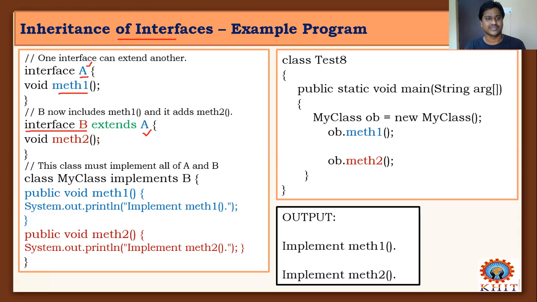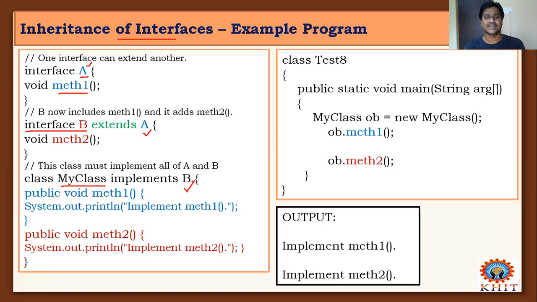So this point is clear. Whereas coming to myClass, myClass is the name of the class which implements the properties of interface B. This class must implement all the methods defined in interface A and interface B. Why? Because some inheritance is achieved between interface A and B.